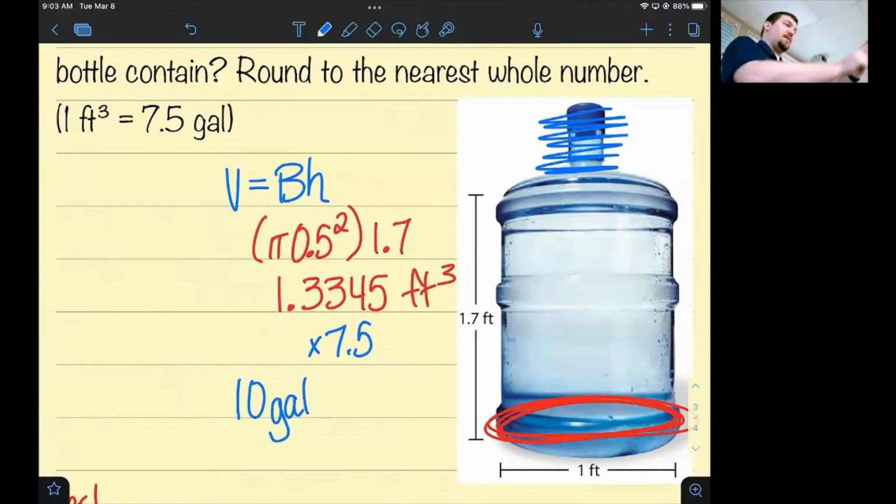A cubic foot would be 12 inches by 12 inches by 12 inches, length, width, and height. So 1 cubic foot is 1,728 cubic inches. So that's why we're having to multiply here, because a cubic foot is actually way bigger than a gallon. And so we have to multiply to go from feet into gallons.